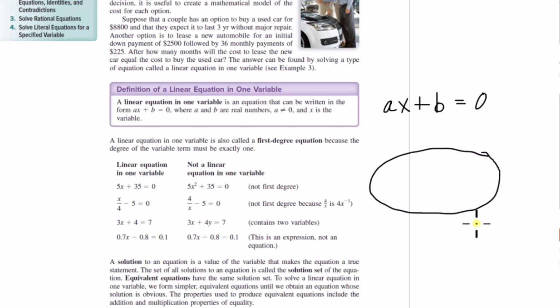These terms could be multiplying all kinds of different variables, whatever. If all of the variable terms, so like you have 3x squared yz minus 2xy plus etc., whatever.